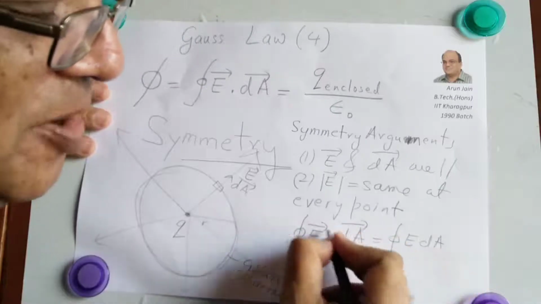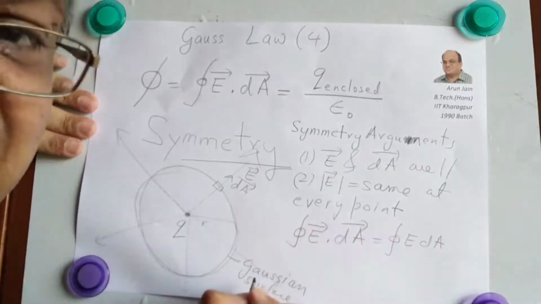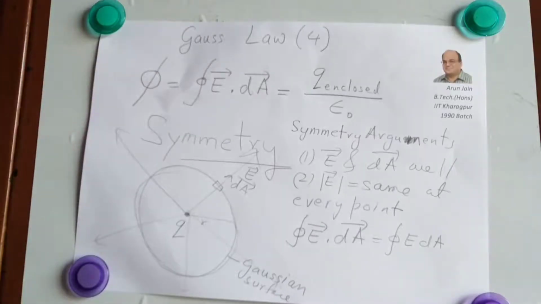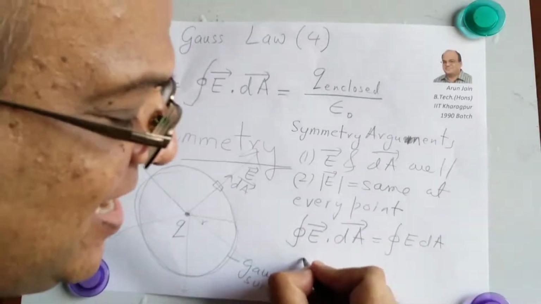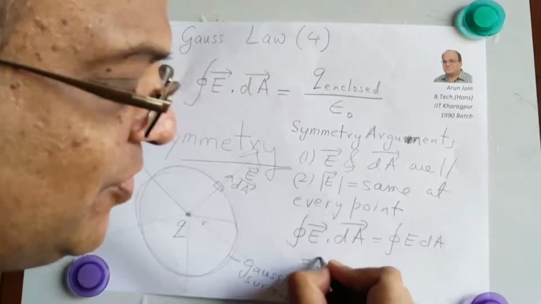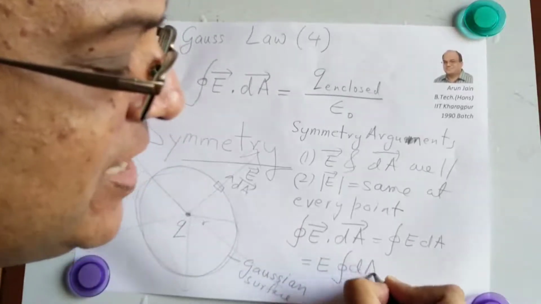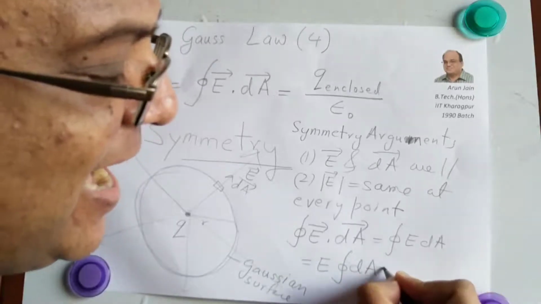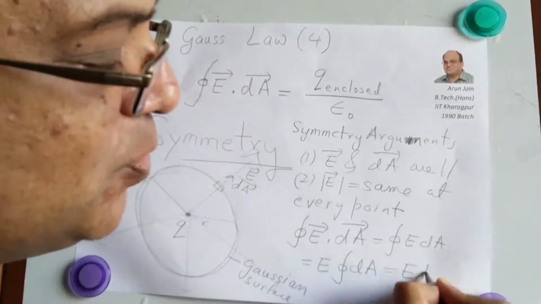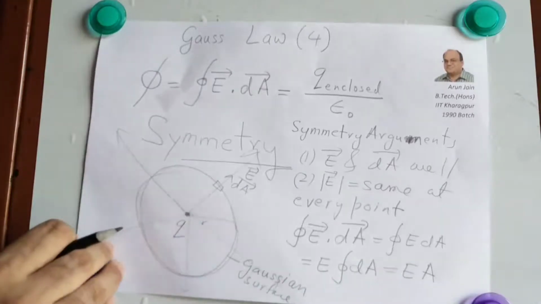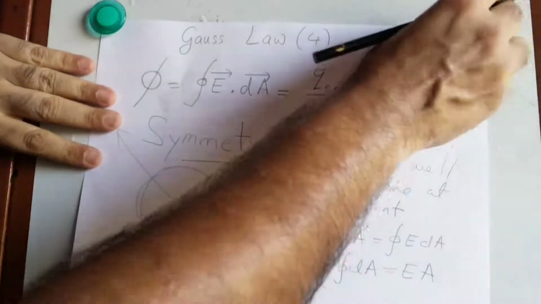So that dot product simply gives us E dA, because E vector and dA vector are parallel. And this E is a constant, so E comes out of the integration. And we get integration of dA over the closed surface, and that is simply E into A. So this is how things simplify when we use Gauss law.